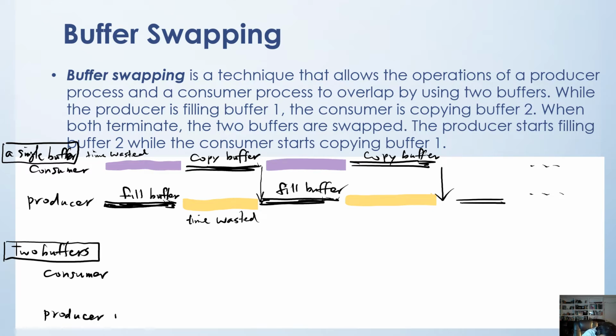When the producer is first filling buffer 1, both buffers are empty. So when the producer is filling buffer 1, the consumer's time is going to be wasted. Now when the producer completes the feeding of buffer 1, the producer starts filling buffer 2.